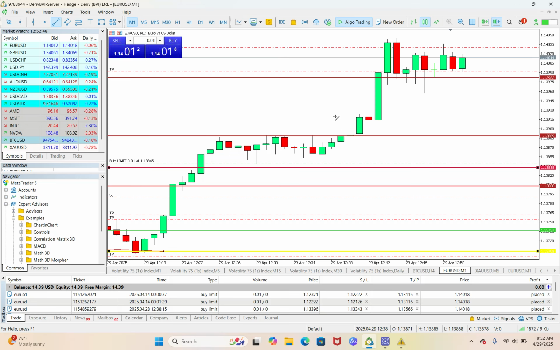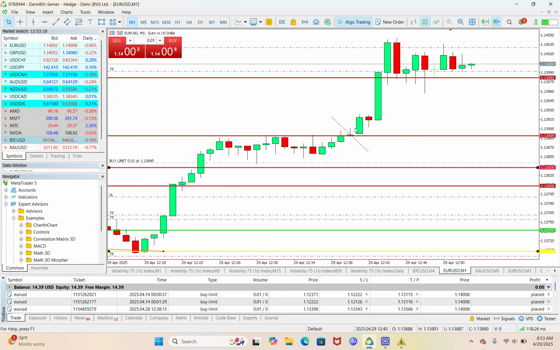Okay, so sellers was in control of this area, right? Buyers push the market through this area, intersecting right here. Okay, right here, there's an intersection between sellers and buyers. So because this was already a strong sell here, buyers take it over.